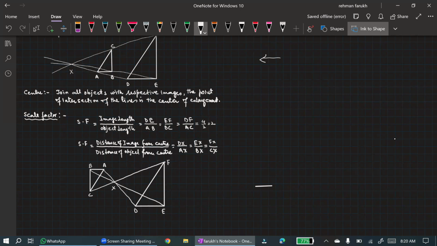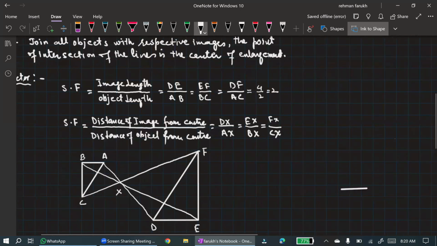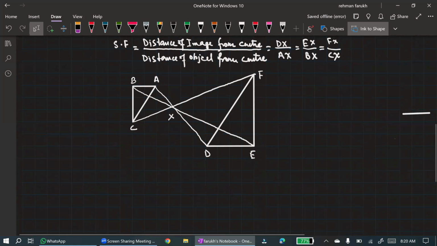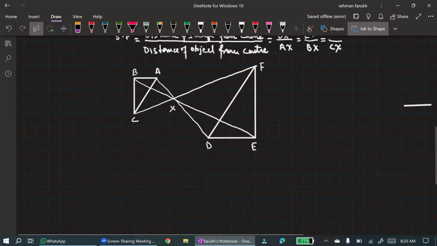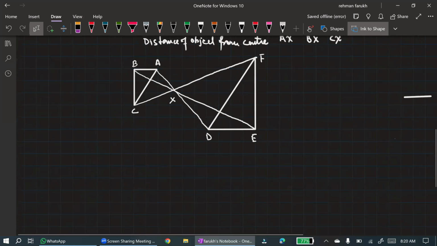Now, if the image and object are on the same side of the center, then we will write down the scale factor as a positive number. This is a very important note.